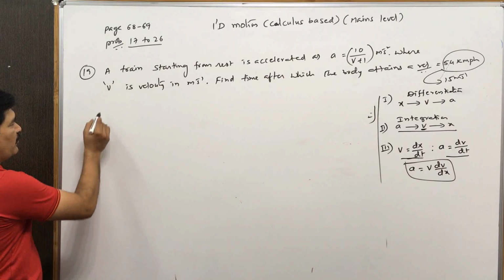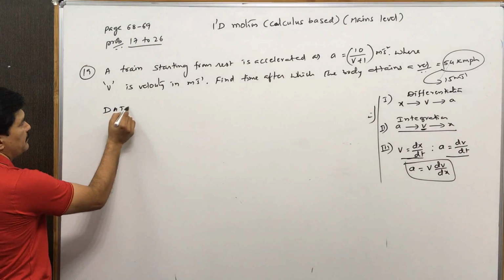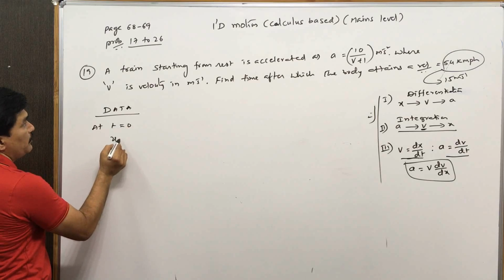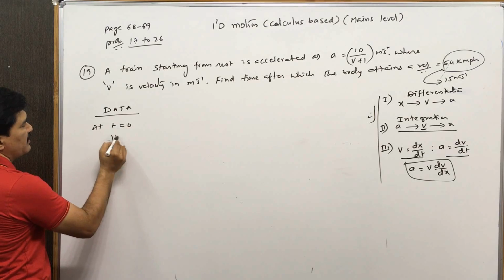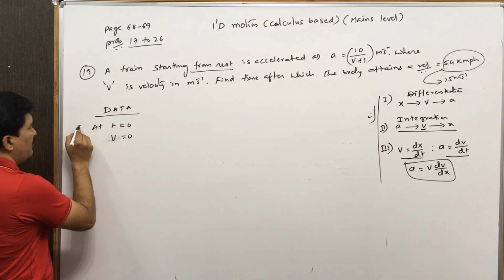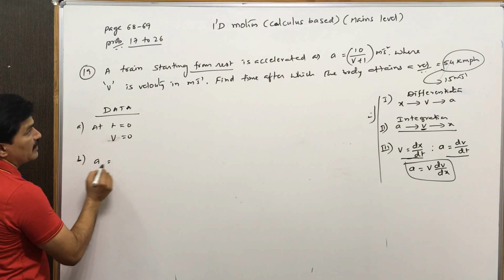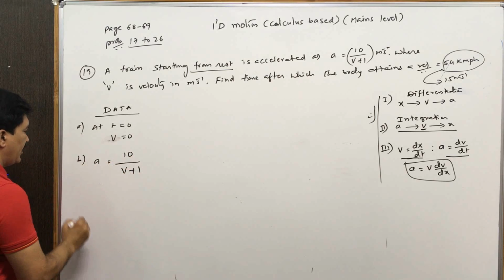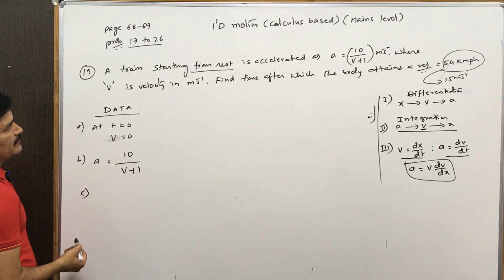Okay. So if you observe the given data, at t is equal to 0, v is equal to 0, velocity is 0 starting from rest, and given that acceleration is equal to 10 by v plus 1, and what he is asking, that is also given data.